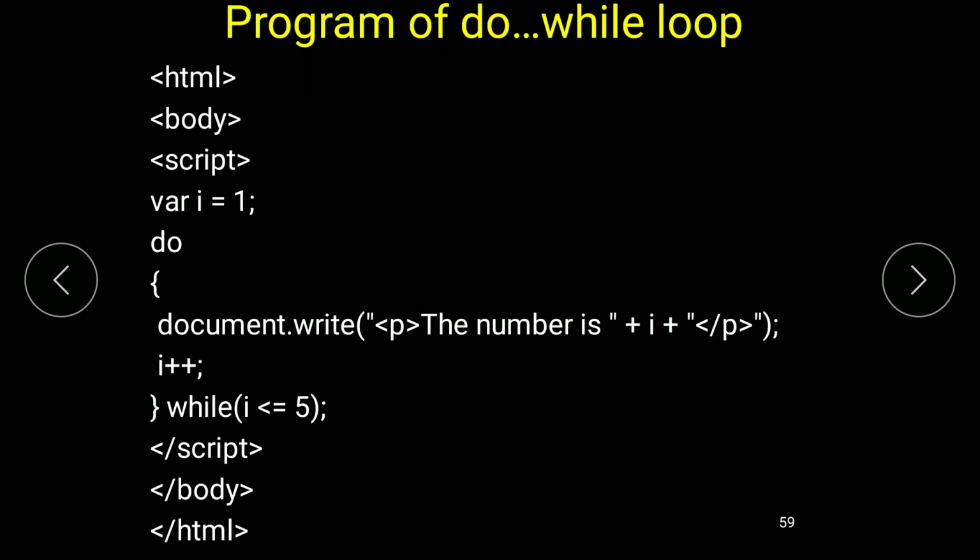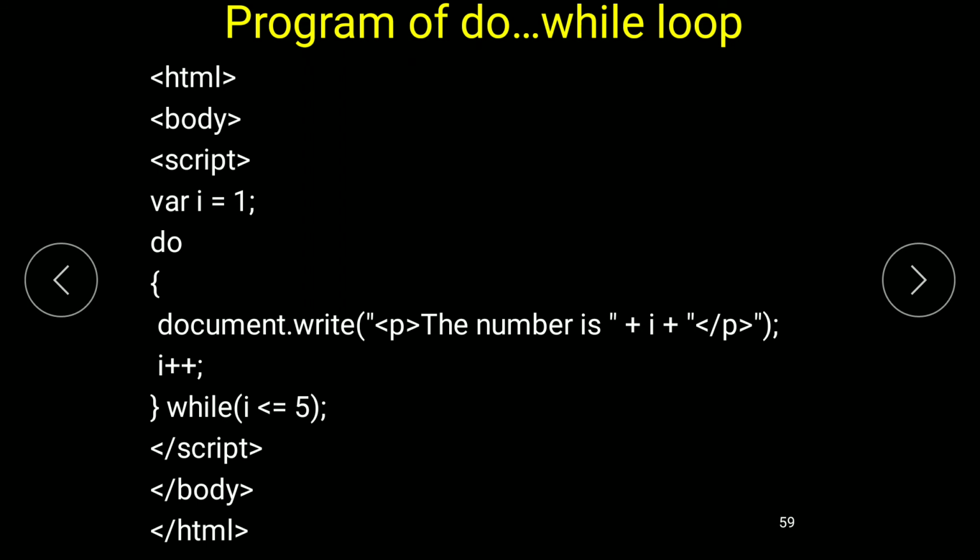Loop program. You can see here I write i equal to 1, then do. In do, first it prints the value of i, then i++ means i now becomes 2. Then it checks whether 2 is less than or equal to 5, which is true, so control goes to document.write and it prints the value of 2, then i becomes 3.